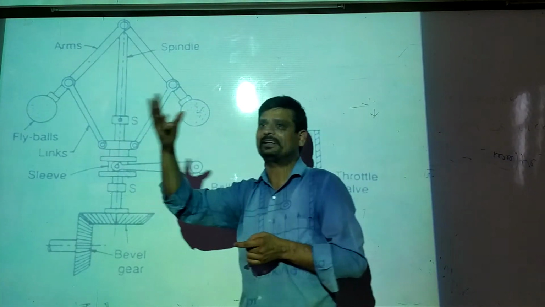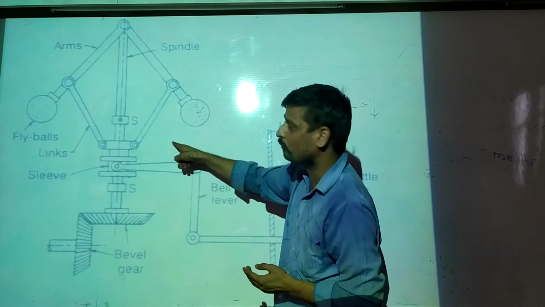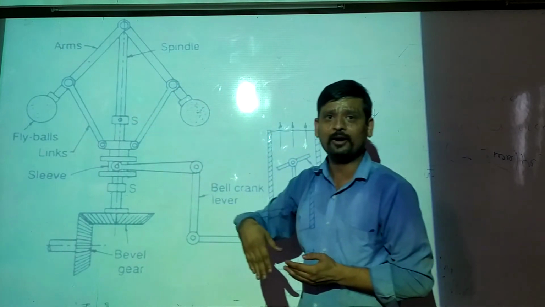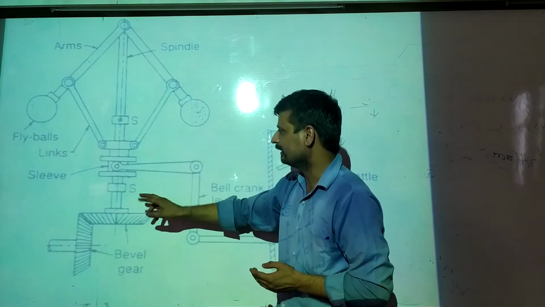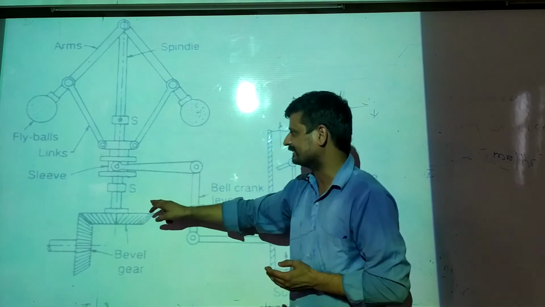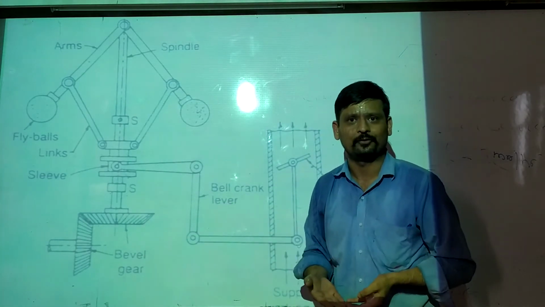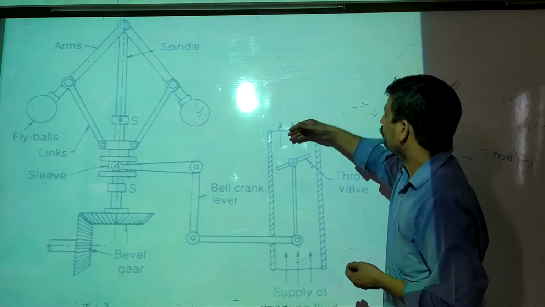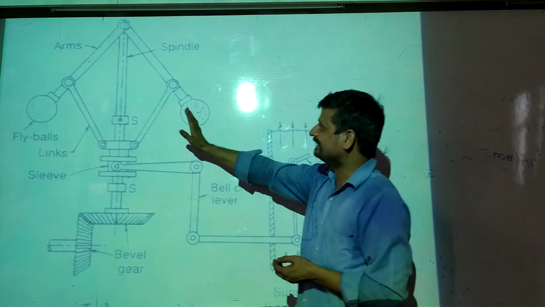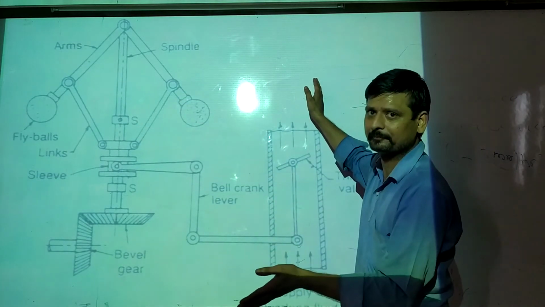Means the radius of rotation comes down towards the spindle. Now at this point what will happen? The spindle will move in the downward direction. Now when it moves downward, at this point we need extra fuel, means we need more fuel to the engine so that the design speed of the engine will be maintained.